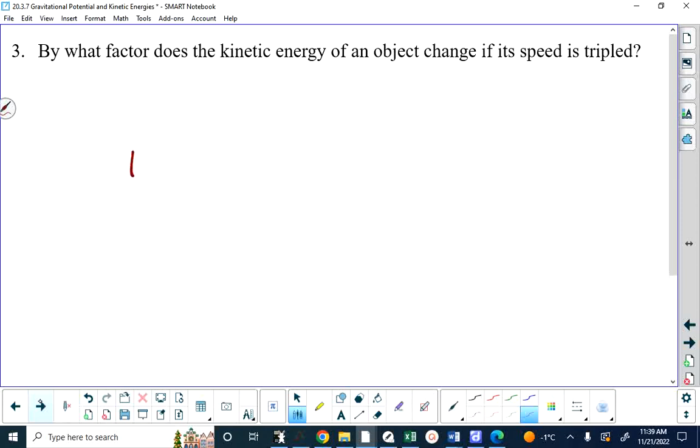So if kinetic energy is 1/2 mv squared, I could write that as 1/2 m times v times v. So if I triple the speed, I triple the speed in 2 places in the formula, and I end up multiplying by 3 and by another 3, so the answer is 9 times greater.